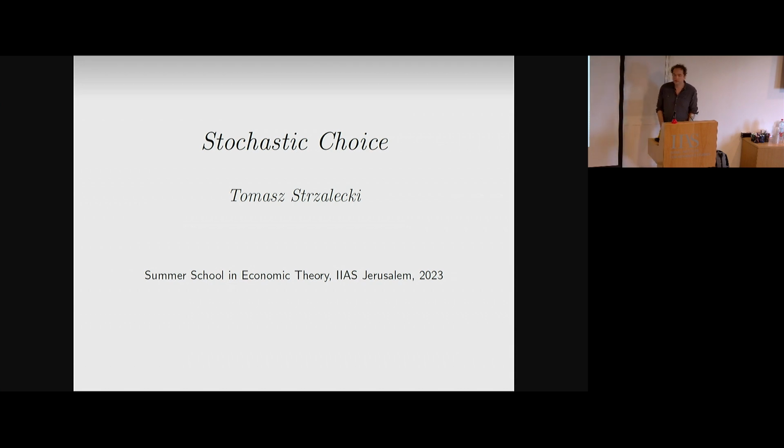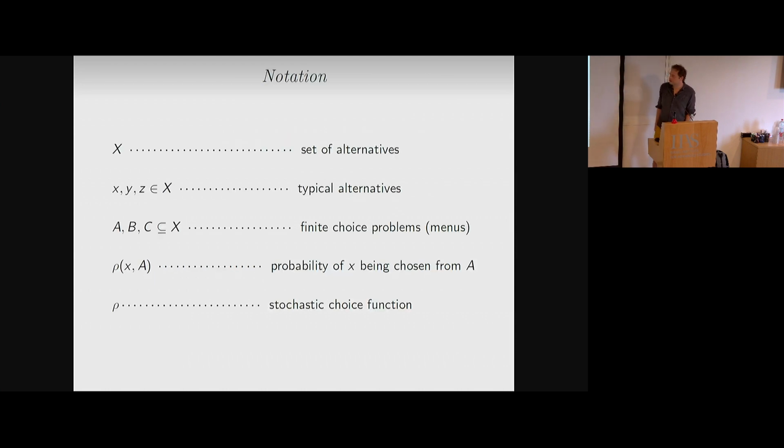What I'll be talking about today will dovetail nicely, hopefully, with what Mike was talking about yesterday. But I'm going to start from the very beginning, sort of from scratch. So my notation is going to be this. X is going to be the set of alternatives. These are the things that the agent or subject in an experiment is choosing between.